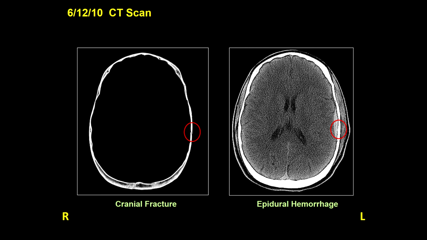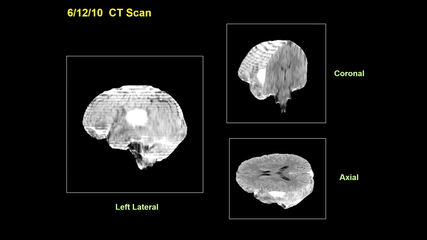Now his acute CT, which I obtained from 2010, showed a fracture of the temporal bone of his skull, and immediately beneath that, the CAT scan showed that he had what's called an epidural hematoma. And you can see he also had a lot of soft tissue swelling on that side, because that's the side of the head that he whacked very hard.